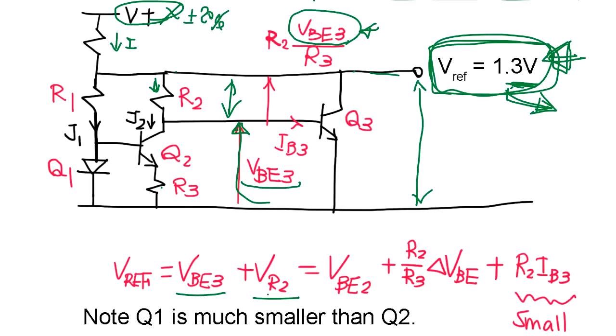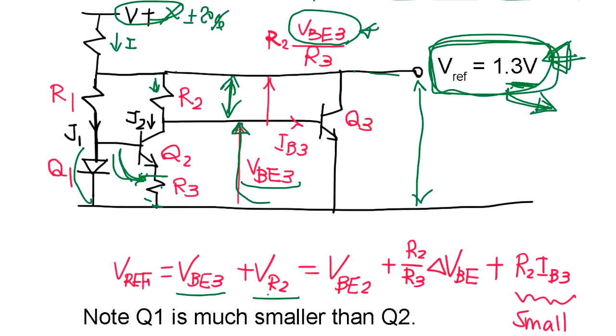And VR2 is this voltage across the R2, which is the VBE3. The voltage difference here creates this voltage.